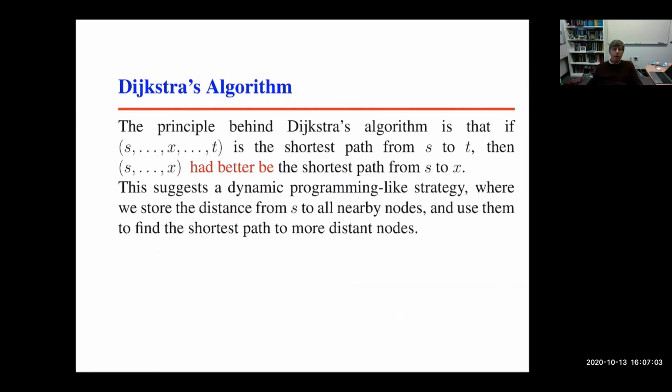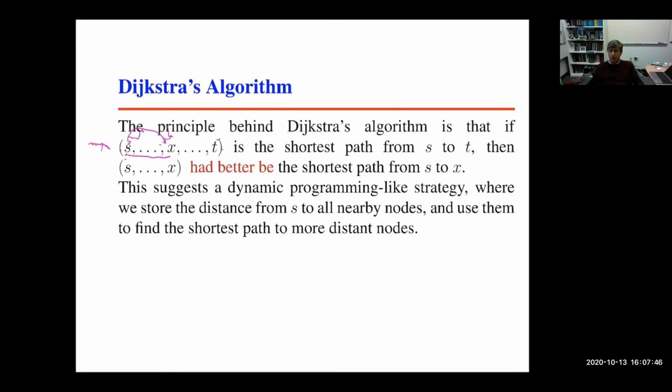What is the idea of Dijkstra's algorithm? If the shortest path from S to T goes through X, what do I know? If this is really the shortest path from S to T, then you had better use the shortest path from S to X as a prefix. Suppose there was a shorter path from S to X. Does everybody see that using the shorter prefix would reduce the total length of the path from S to T?